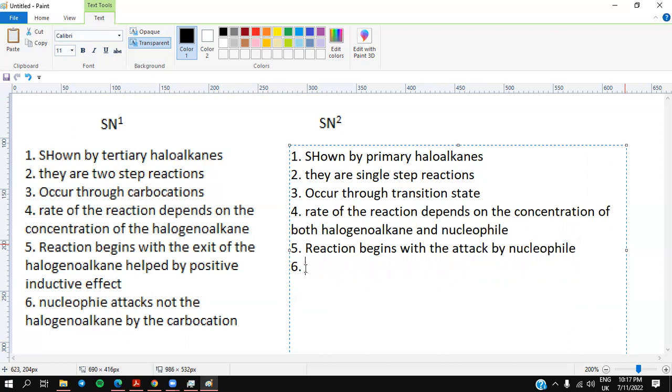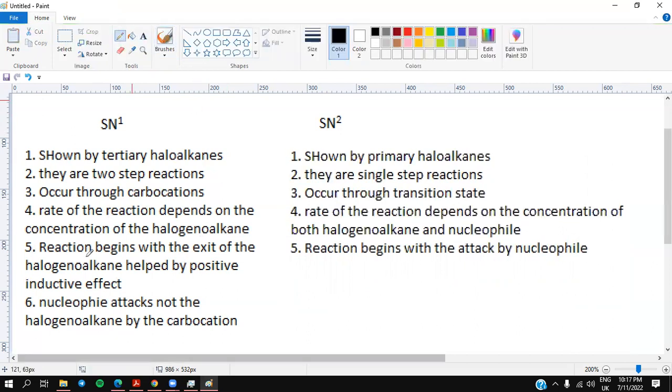That's it. There are a few mistakes I have noted here. I'll correct with the pen. Nucleophile attacks not the halogenoalkane, but the carbocation. Shown by tertiary halogenoalkanes.